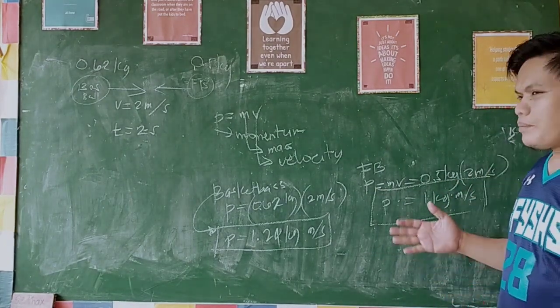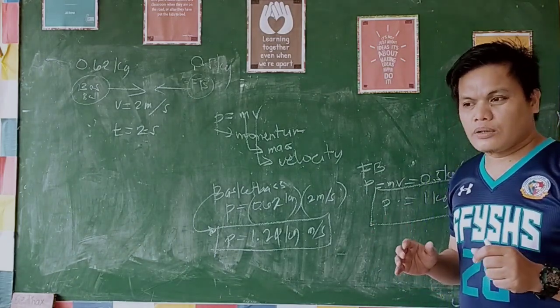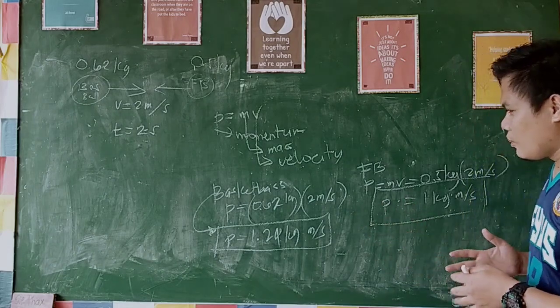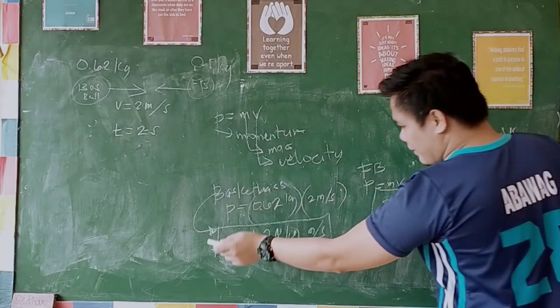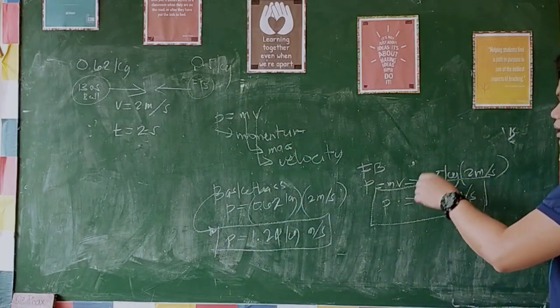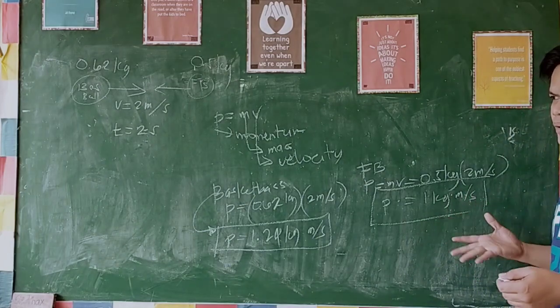Now, pag sinabi po nating momentum, in Tagalog that is buwelo. So yung buwelo ng basketball is greater than, or the momentum of the basketball is greater than the momentum of the football. Why?